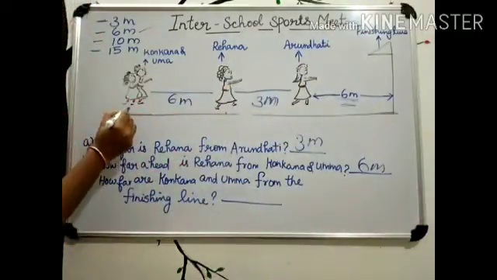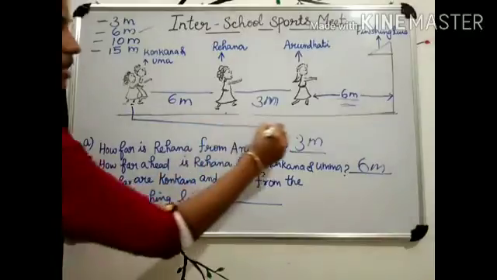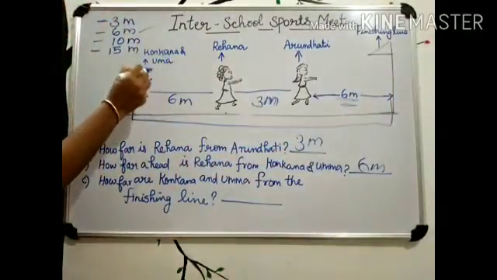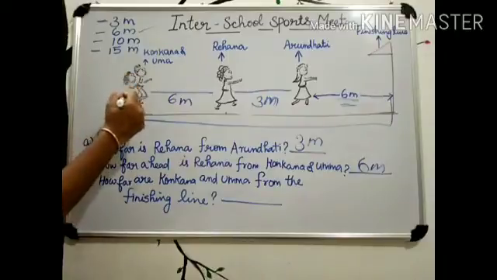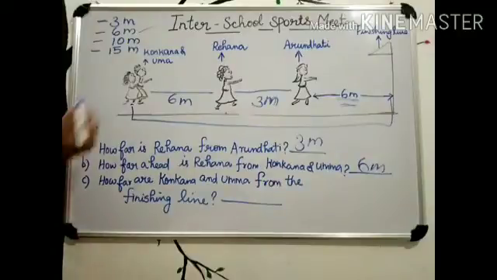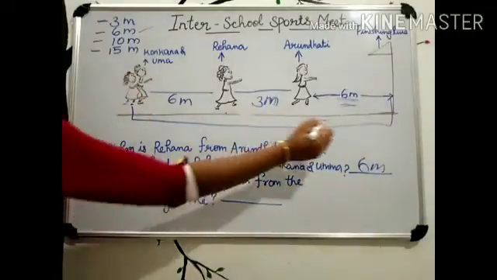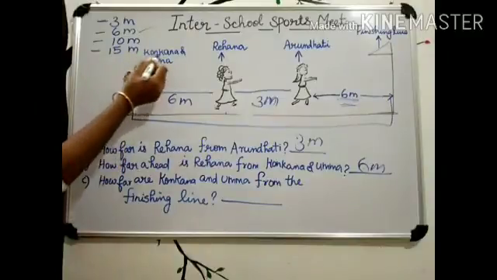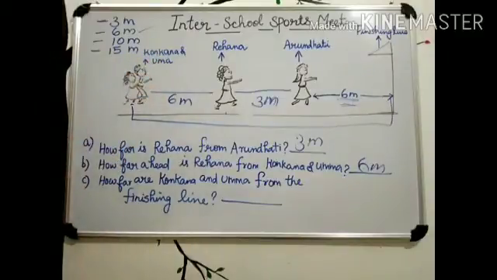So you should find out the distance between these, Konkana, Uma, here to here. Understood? What is the difference between the finishing line and Konkana and Uma?